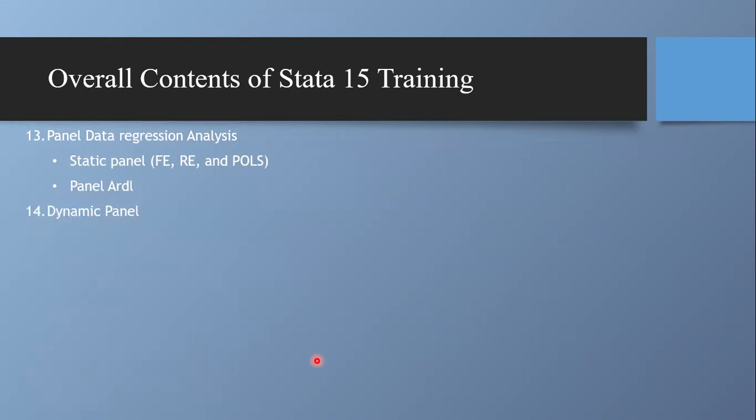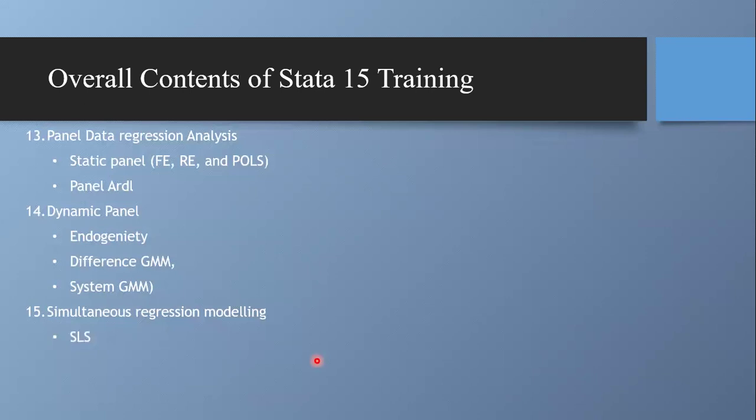I have already included the dynamic panel models, where I will consider how to check for endogeneity, how we will estimate the difference GMM, the system GMM, and then as a final part of this Stata training program, I will also discuss how to consider the simultaneous regression model using the 2SLS model.